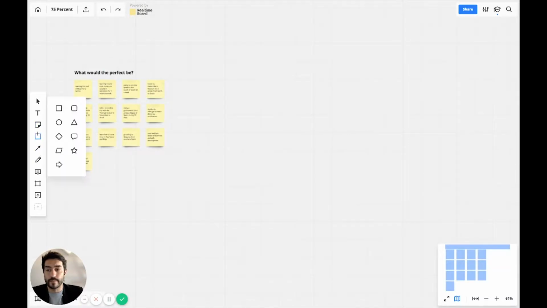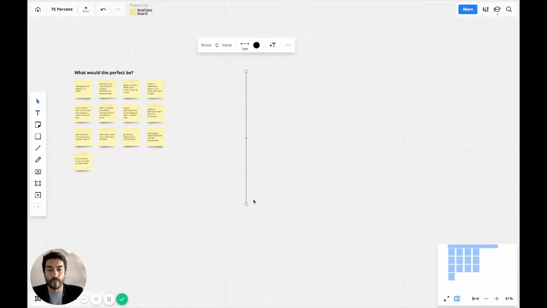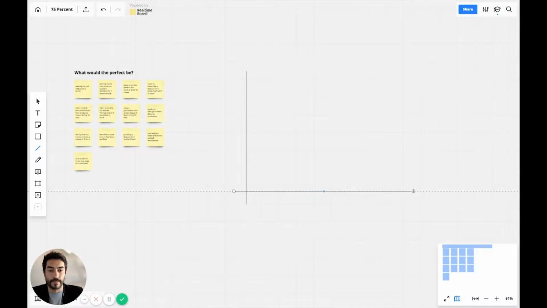In this case, I'm gonna select a shape. It's here, and I'm gonna put a variable, vertical variable. You remember the impact variable. And then I'm gonna put a second variable, which is gonna be my horizontal variable, and that will be my cost. Okay, so more or less like that.